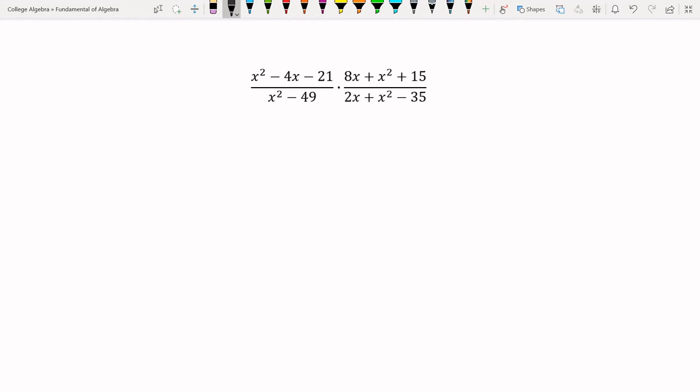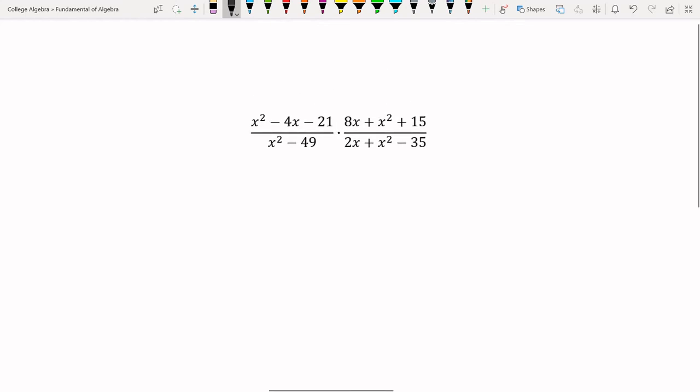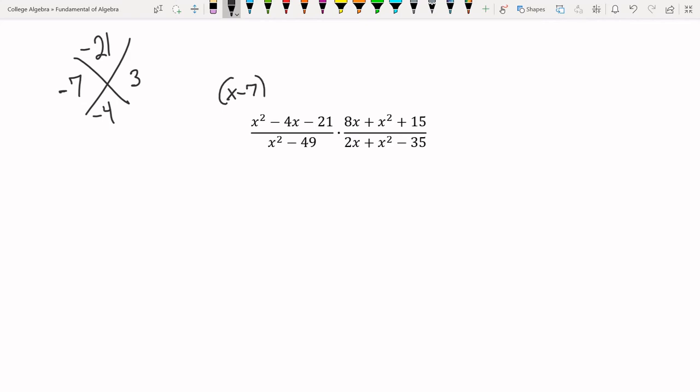So let's simplify everything. Now there's a lot of factoring we can do here, and so that's what we're going to start with. Starting with the top left, we have a times c over b. And let's see, it's going to be 7, negative 7, and 3, which gives us x minus 7, x plus 3.